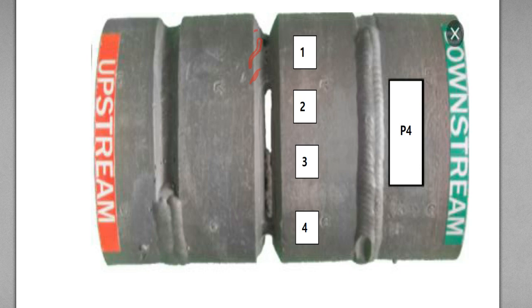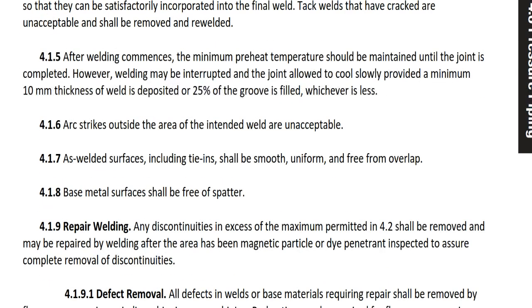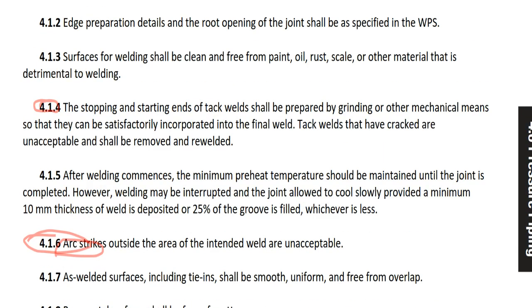Arc strike is a reject, so this is how you solve the problem for the tack weld. This 4.1.4 plus this arc strike 4.1.6. Combination of these two provisions, and you will see questions like this.